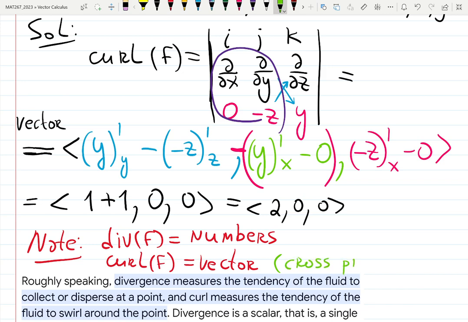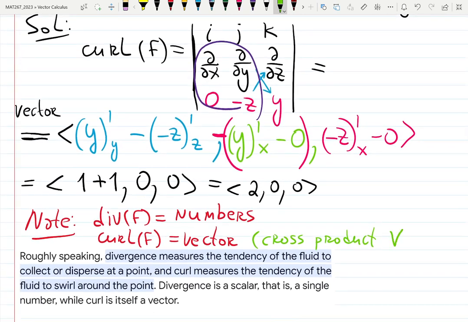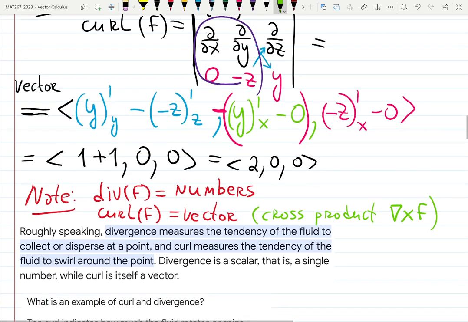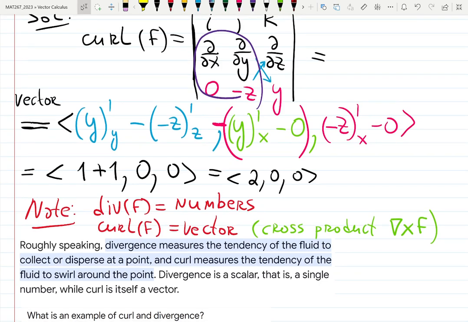Cross product of what? Derivatives times F. The times is the wrong one. Cross product times F. Cross product. Good job. I heard you saying what, and that means there was a mistake.